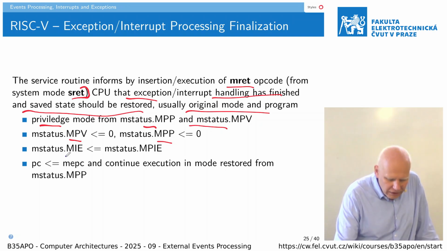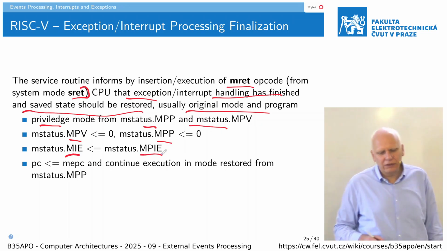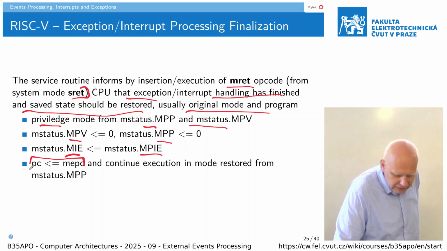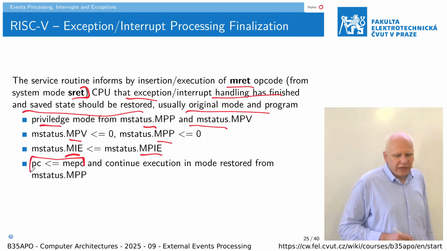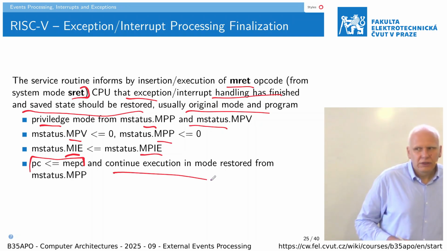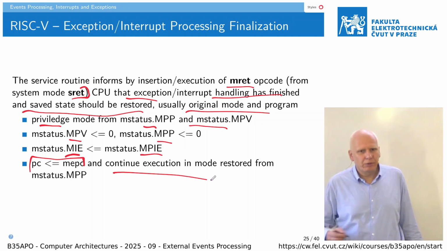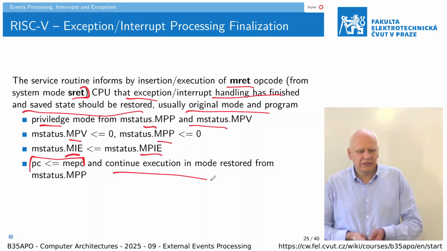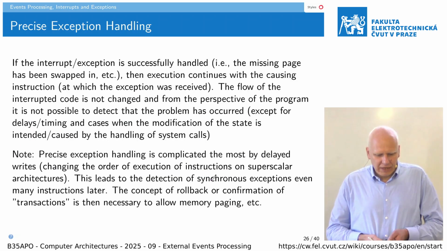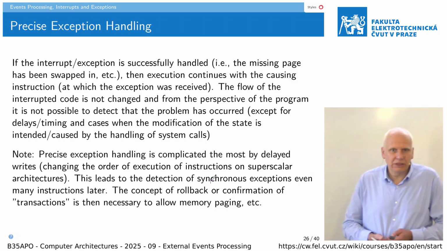And the interrupt enable is set to the previous state of the interrupt value, and the program counter is set to the previous program counter value. And then the execution of the interrupted program continues. So basically this is the entry and final part of the exception handling.